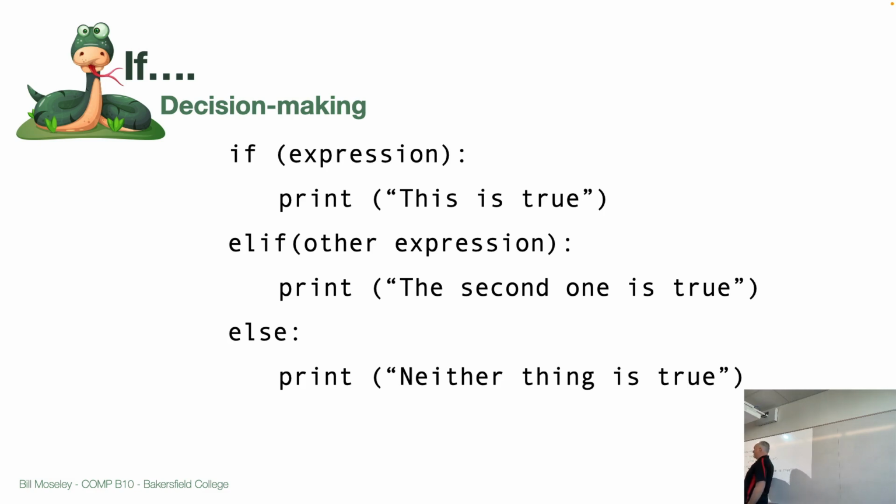The first time it hits something that's true, it stops, does that code, and then moves on with its life. Else is the everything else. So if nothing else is true, then do this. Else is optional. You can leave it off, or just do nothing. There are lots of combinations, but you can't have an elif without an if. You can't have an else without an if.